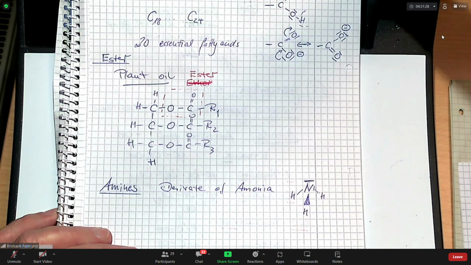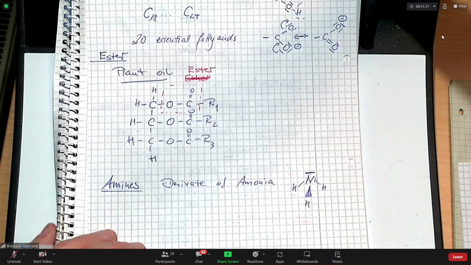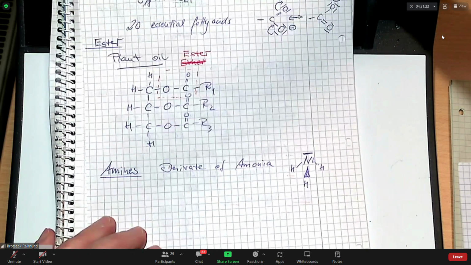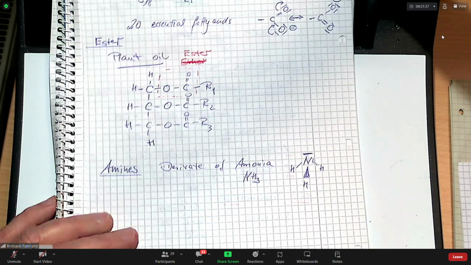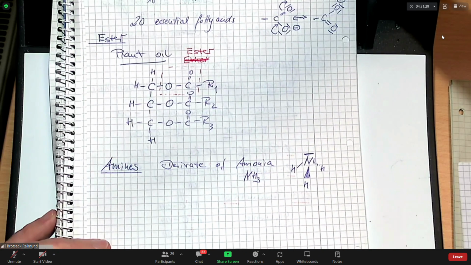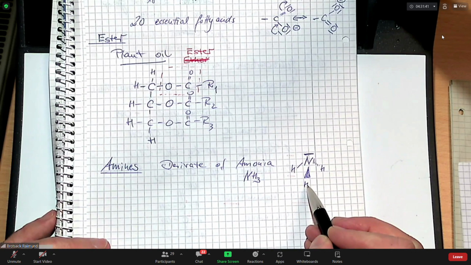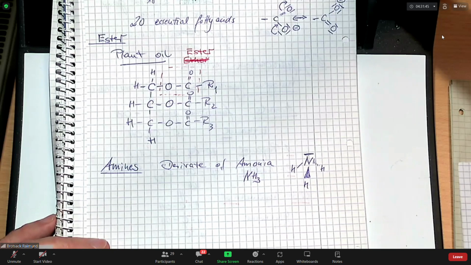The structure of this molecule is pyramidal, NH3. And the H atoms can be replaced by alkylic rests.